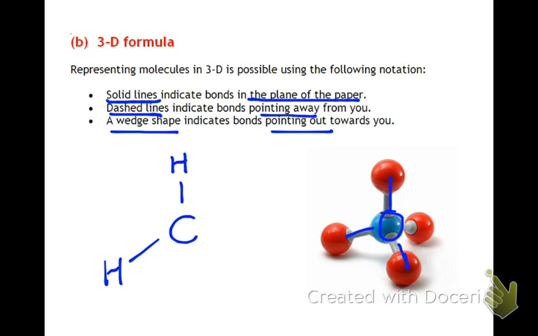This one you can see is coming out towards us, and so that's this one here. We use a wedge shape to indicate this bond's coming towards us, and that one's kind of going backwards into the page, and so we use a dashed line to indicate that going backwards. So that's a three-dimensional representation.